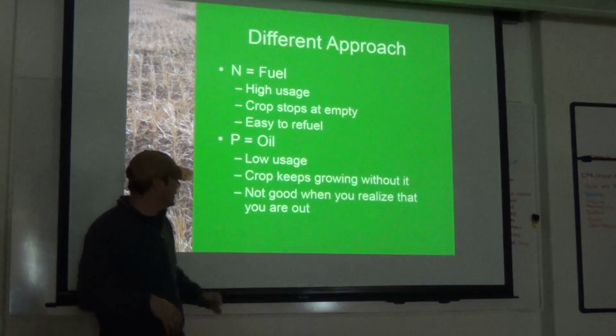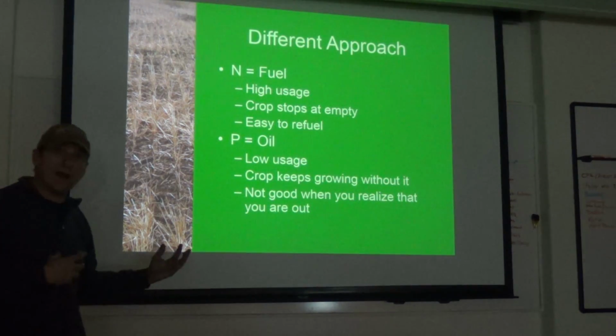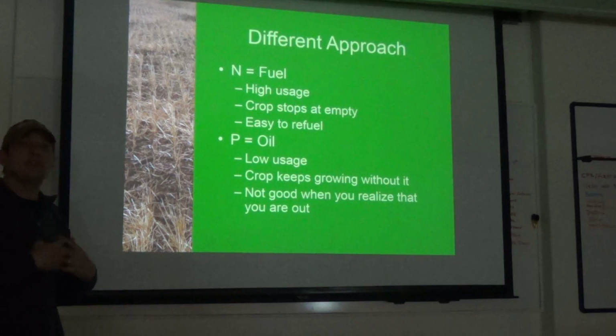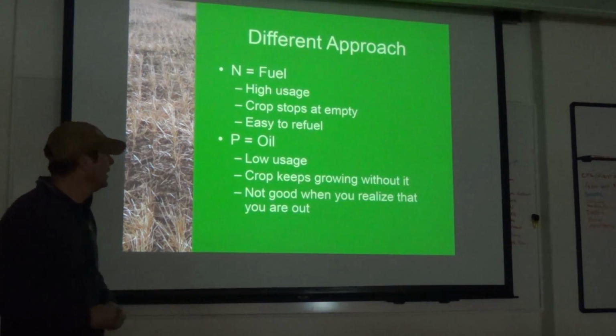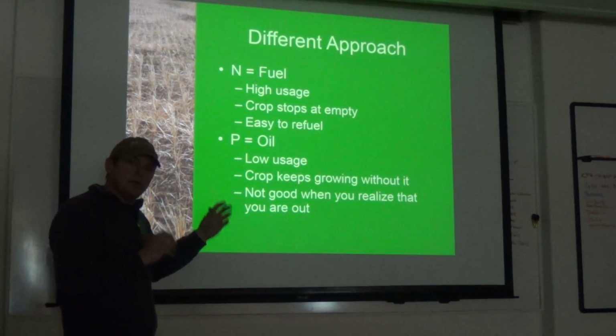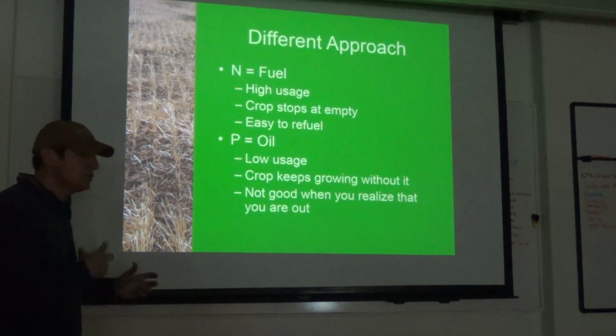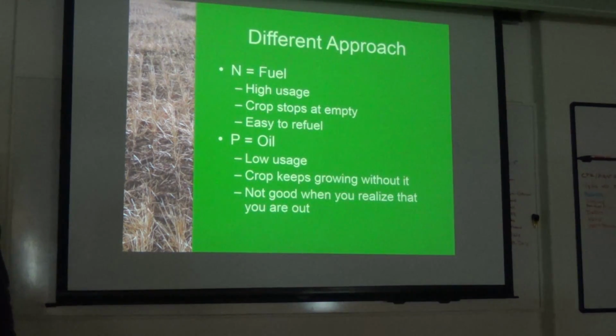And then, as I say, not good when you realize that you're out of oil or out of phosphorus. It takes a lot to build it back up or to rebuild your engine, per se. So when you're thinking about these two, just think about them in those two facets, and you'll kind of understand why we need to worry about these a little bit differently.